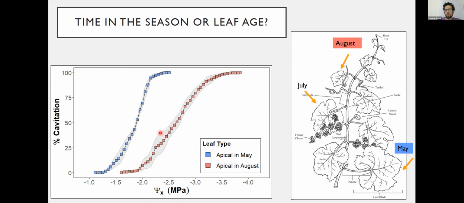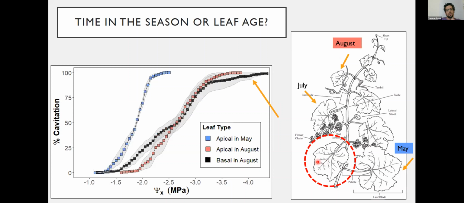And we took another leaf, the May position, and measured it in August, and we found that the embolism resistance of those leaves shifted to a lower water potential, more like the leaf in August. These results suggest that the whole plant shifts to a lower water potential, and not just the leaves that emerge later in the season.